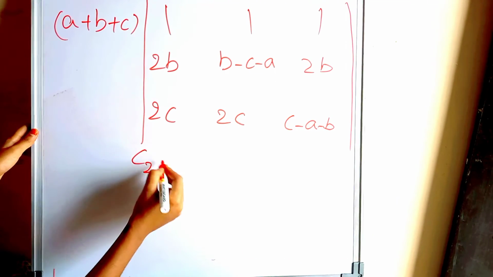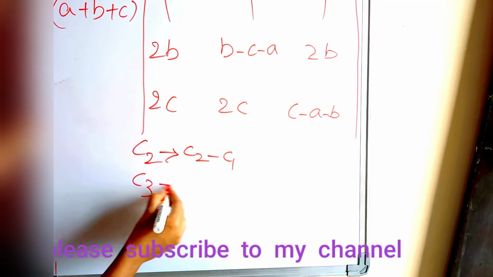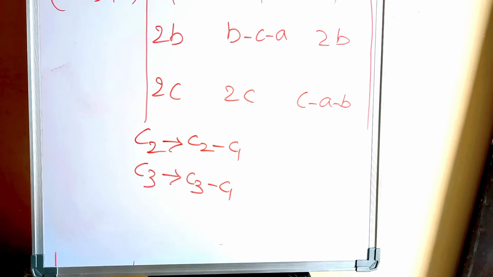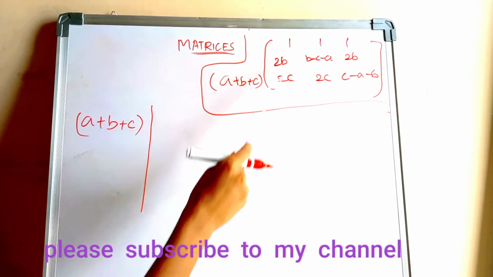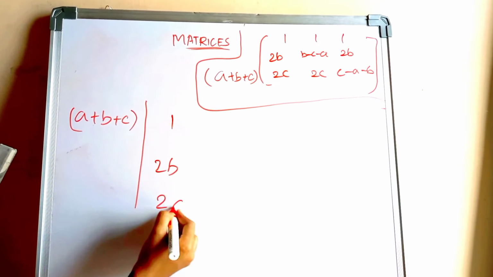So C2 tends to C2 minus C1, C3 tends to C3 minus C1. Column 1 is same, 1, 2B, 2C.